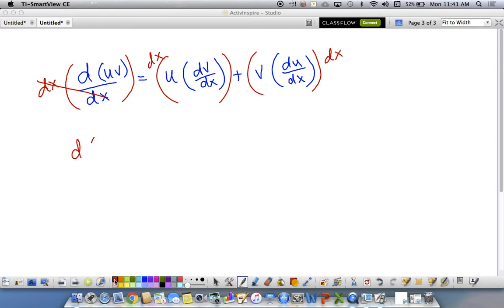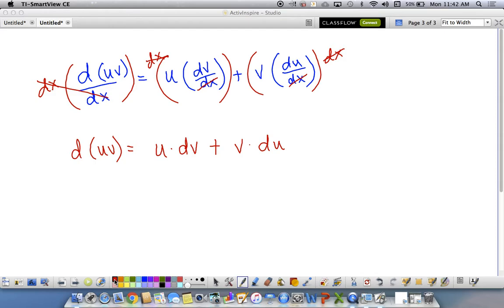So it's the derivative of uv will equal. Well, what about this dx right here? Can it cancel with that dx? Of course it can. It's now u dv plus, what about this dx? Can it cancel? Yes, it can. V times du.